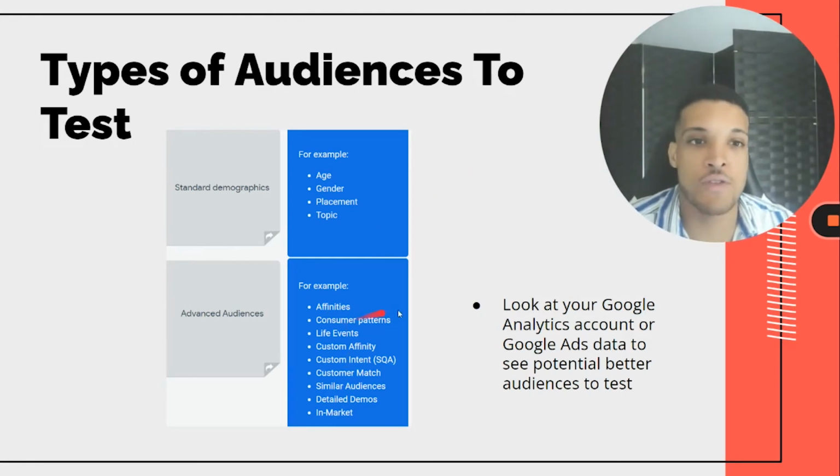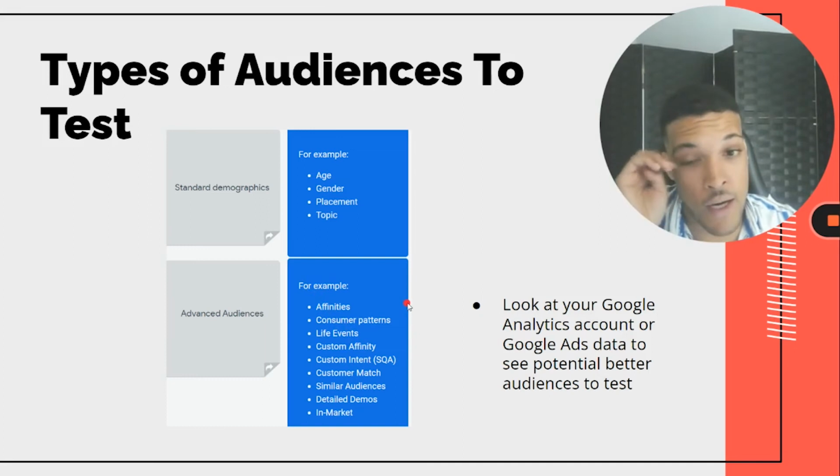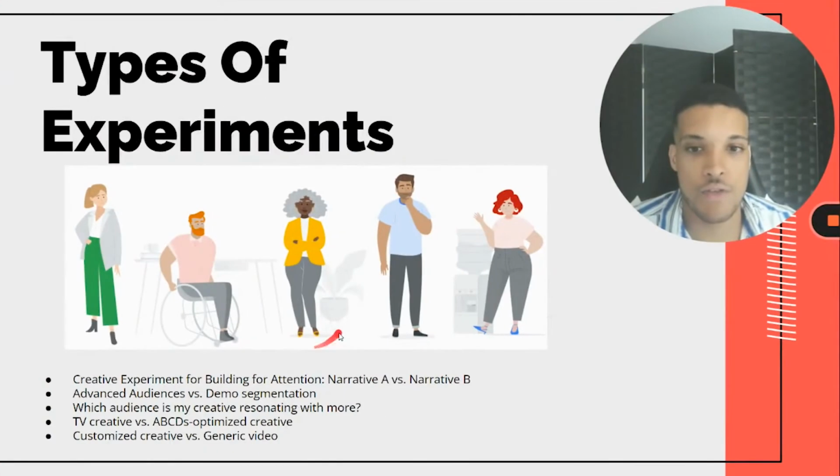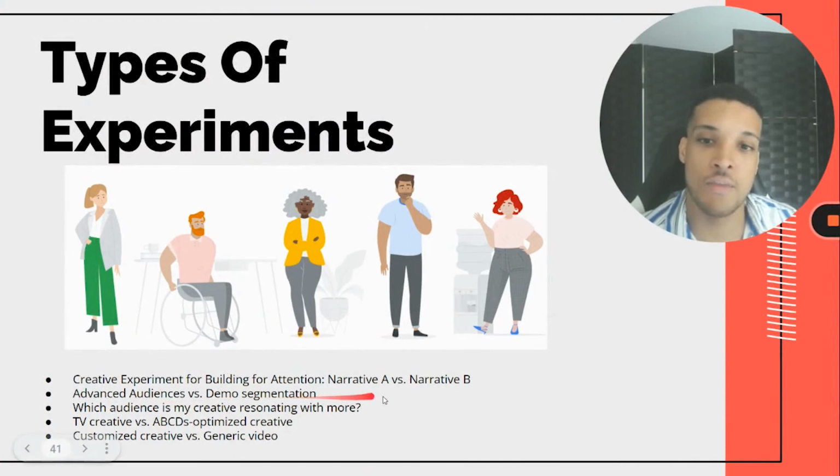Or you can get more advanced with affinity audiences, what people are interested in, what they're in market to buy, custom affinity if they visit certain types of sites, similar audiences if they're similar to your customers that bought before, or more detailed demographics like certain jobs they have. And you can look at your Google Analytics data too to look for different audiences to test that have high conversion rates.